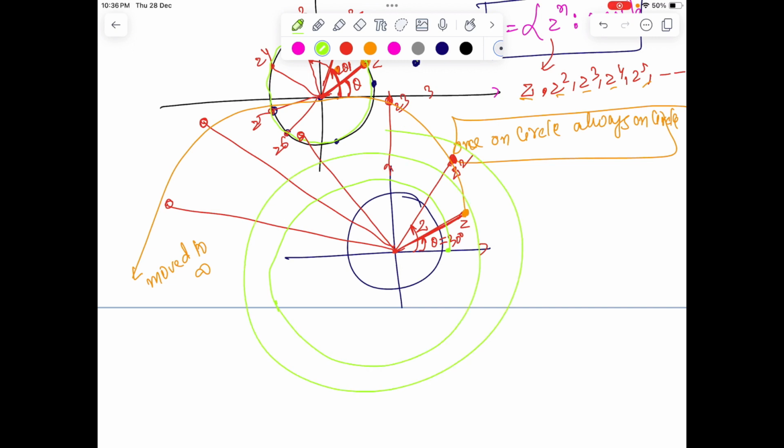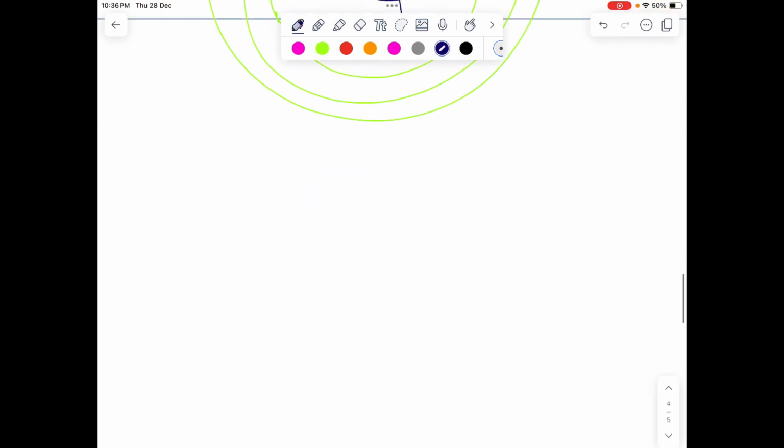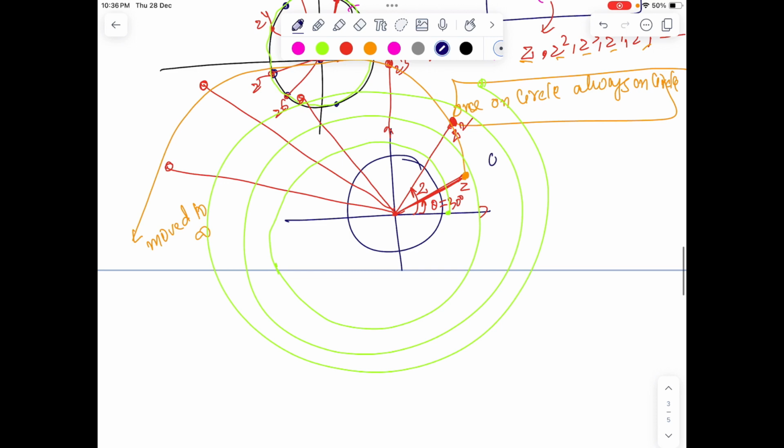And the more you go, the more of a spiral it will make, because the magnitude will keep on increasing, but the angle will keep on rotating from 0 to pi or minus pi to pi, whatever definition you follow. So an outside point remains an outsider. Not only an outsider, it is thrown to infinity.